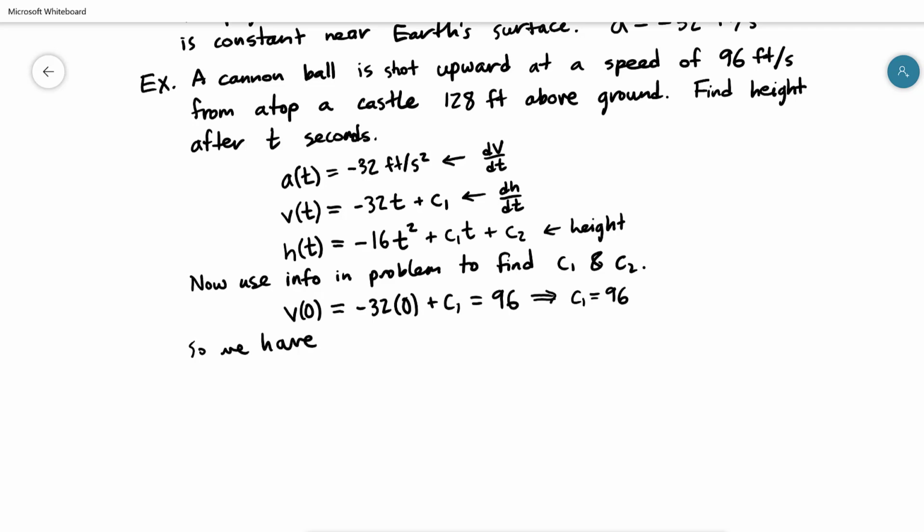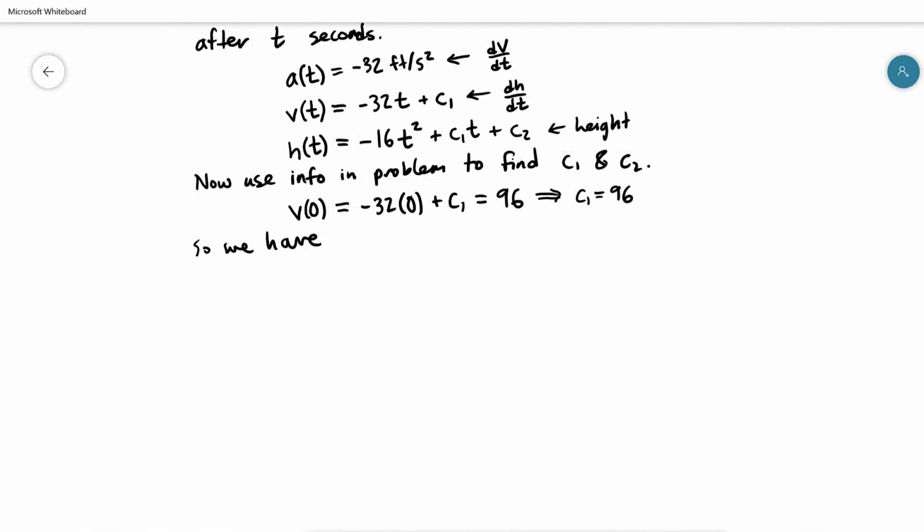So far, having solved for one of our constants, we have that h of t, the height of this thing, is equal to negative 16t squared plus 96t plus c2, which we haven't touched yet. The other information that we have is the initial position. We also know that h at time 0, the second that that cannonball is shot, it's shot from the top of the castle. And that castle is 128 feet up in the air.